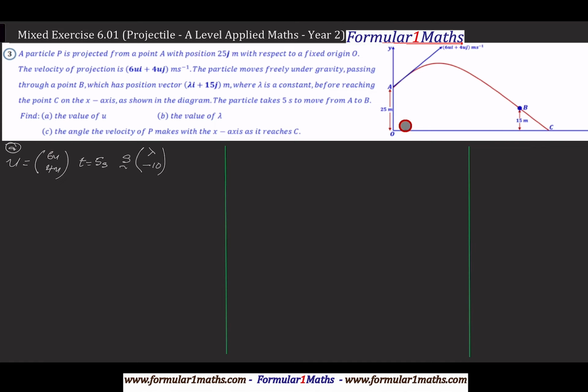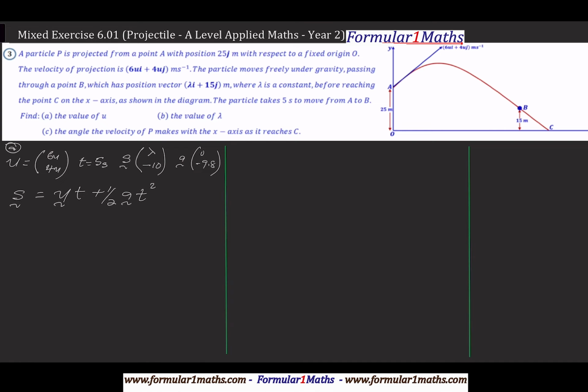The acceleration due to gravity is given by 0, minus 9.8. So using our SUVAT equation, s is equal to ut plus half at squared.